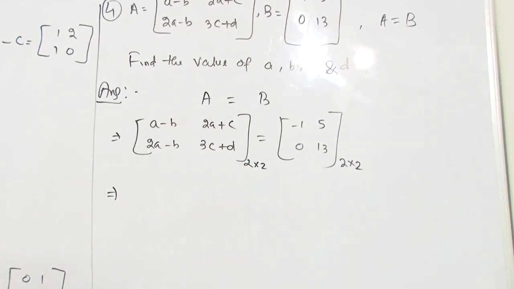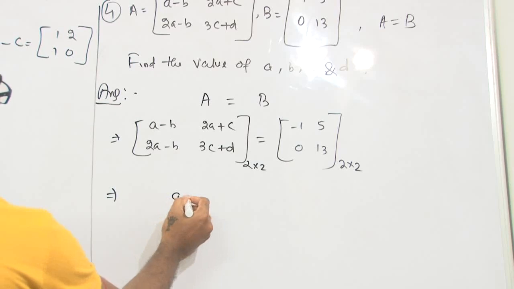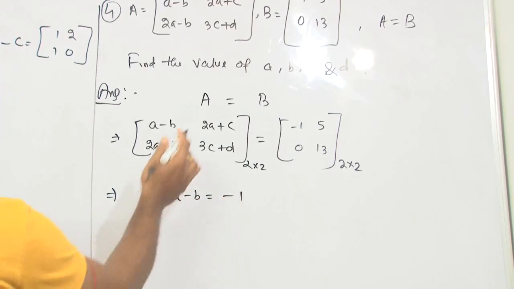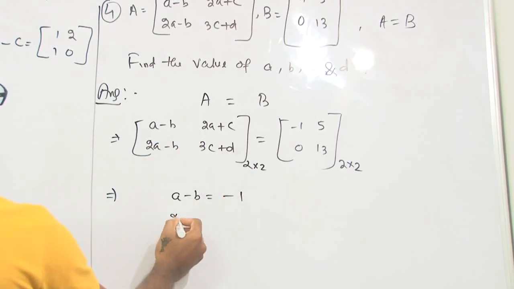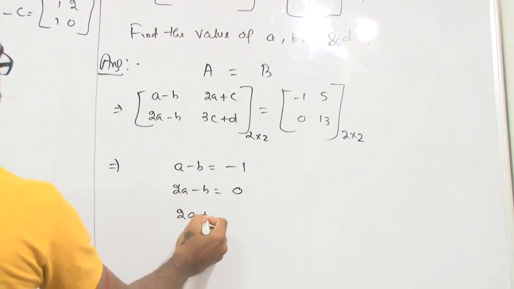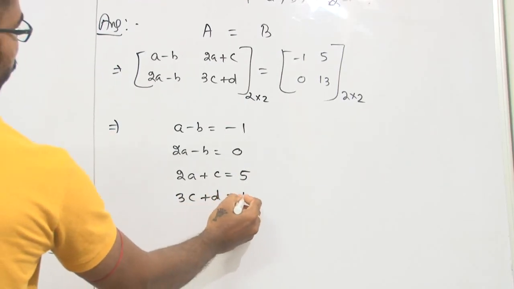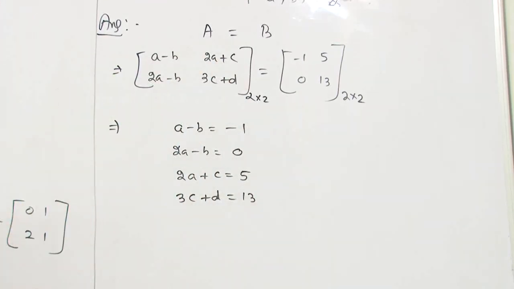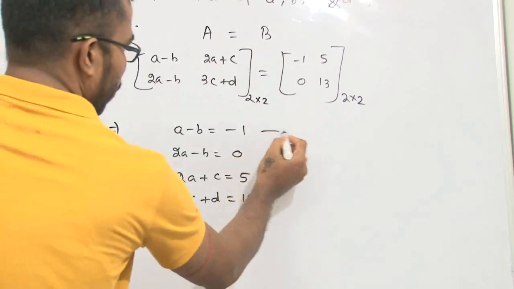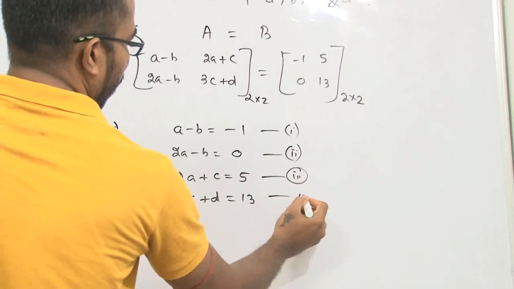If we compare the corresponding elements, then we get A minus B is equal to minus 1, 2A minus B is equal to 0, 2A plus C is equal to 5, and 3C plus D is equal to 30. So if we compare the corresponding elements on both sides, we get 4 equations, equation number 1, 2, 3 and 4.